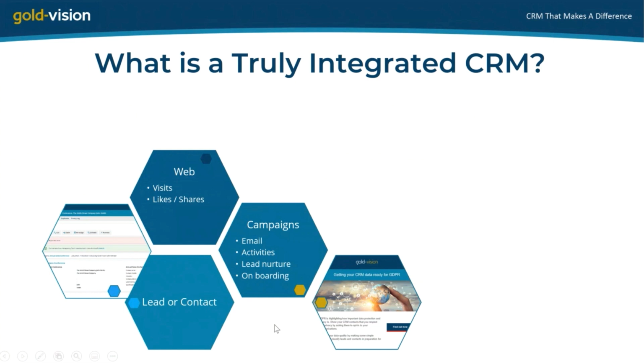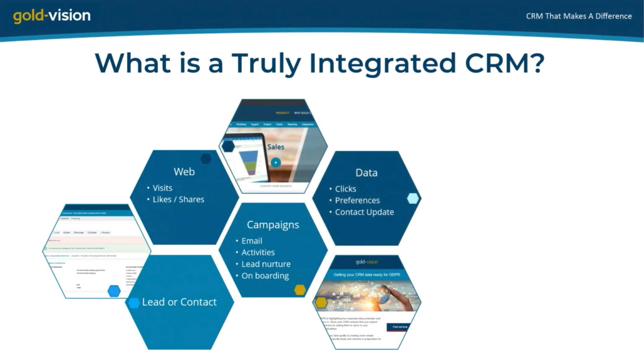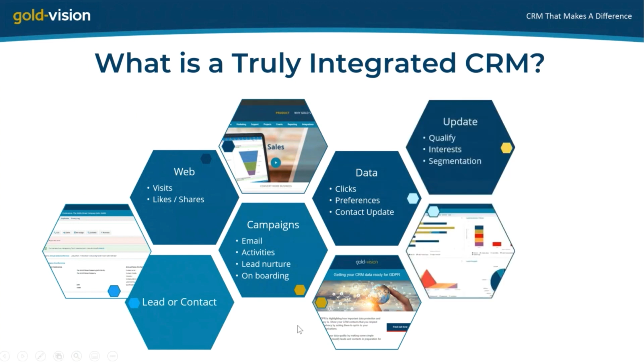These leads might come from your website, and you may want to set up a campaign that's automated to send marketing to those leads automatically. Once that campaign is sent, track the leads, track the preferences, but also update that contact's data based on the preferences and the interests that they have. But more than anything, use that data ongoing to better qualify and segment the data that you're using.